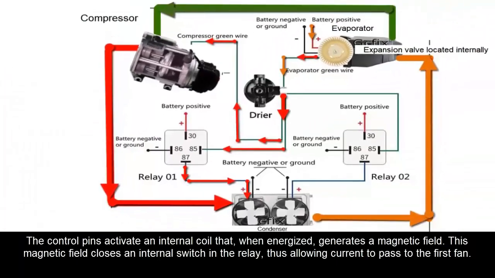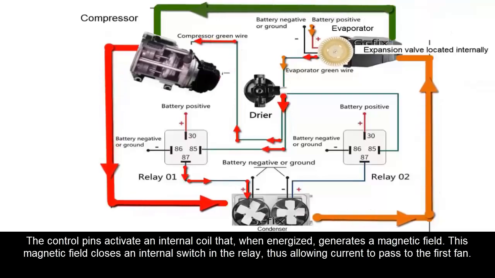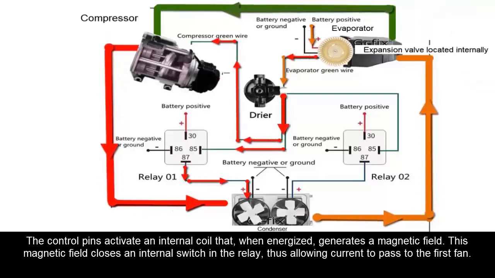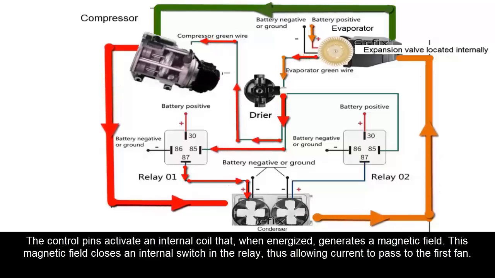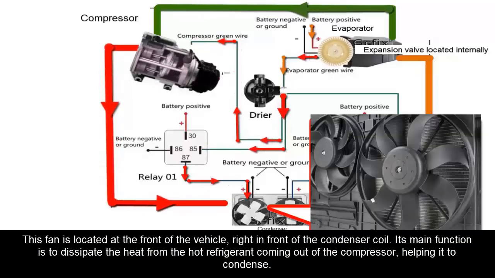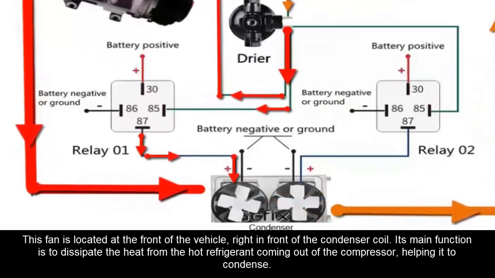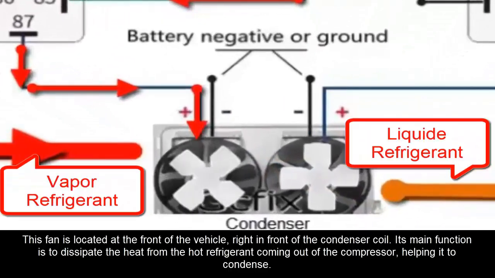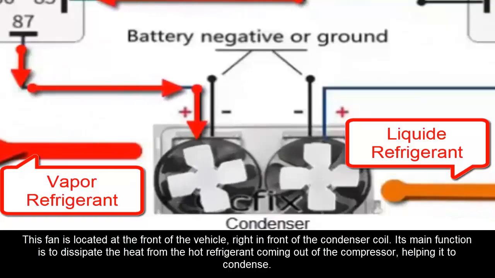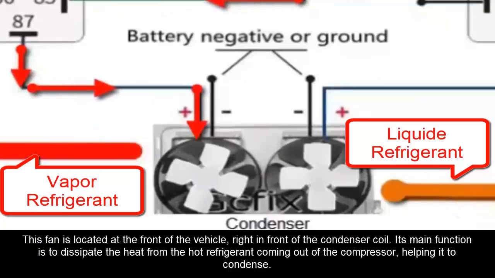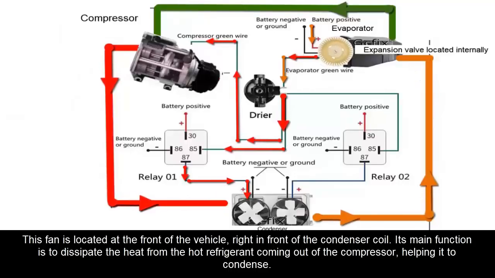This magnetic field closes an internal switch in the relay, thus allowing current to pass to the first fan. This fan is located at the front of the vehicle, right in front of the condenser coil. Its main function is to dissipate the heat from the hot refrigerant coming out of the compressor, helping it to condense.